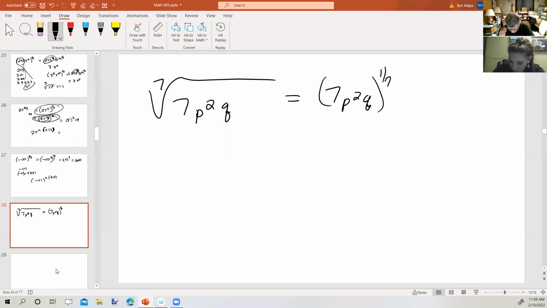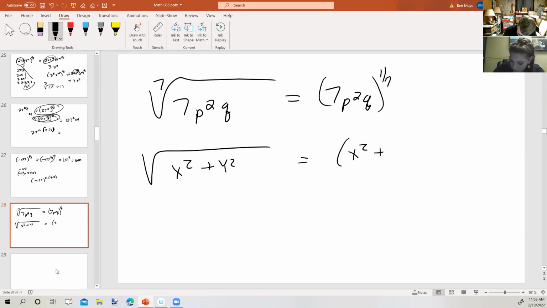Okay. So we're just changing it from one form to the other. We're not simplifying it or anything, just converting it from one form to the other. The square root of x squared plus y squared would be x squared plus y squared all to the 1/2 power.